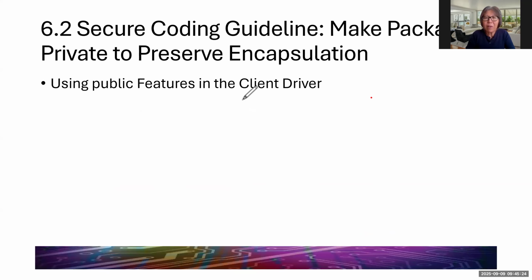And then in the client driver, normally a client driver is like some third party, not involved with the package development. So in the client driver, normally you only use the public features provided by the package.